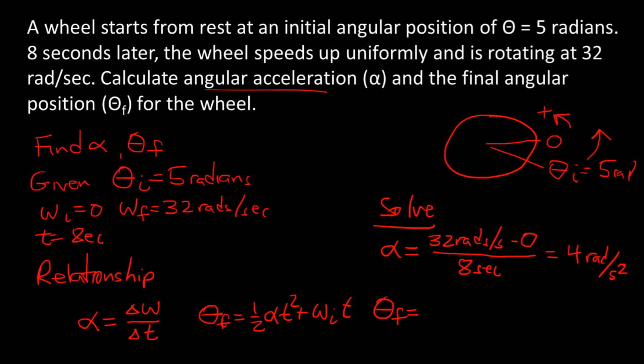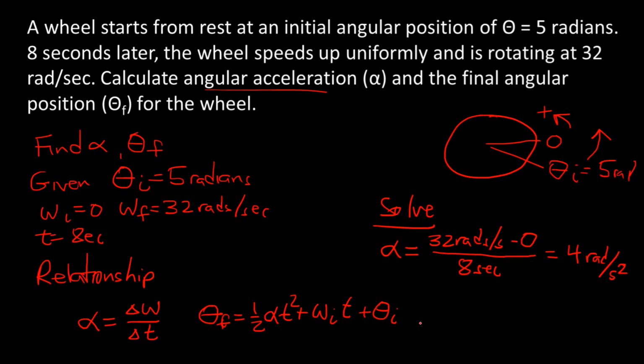I did notice a little error I had over here. Let me just adjust that. I'm going to erase this over here. My final position, let me go back here. My final position is 1/2 alpha time squared plus my initial angular velocity times time plus my initial position.